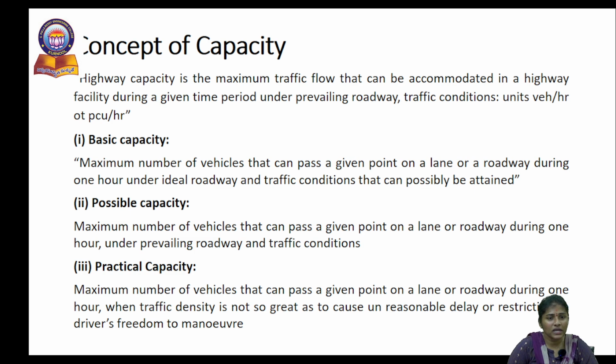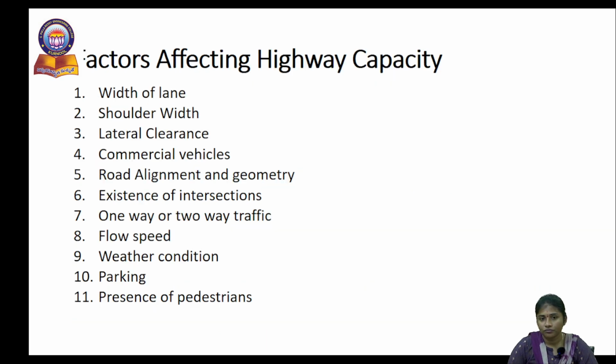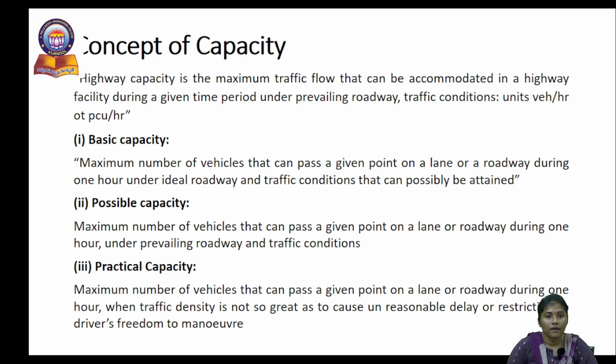So we have mainly three types of capacity: basic capacity, possible capacity and practical capacity. Basic capacity is nothing but the maximum number of vehicles that can pass a given point on a lane or roadway during 1 hour under ideal roadway and traffic conditions.